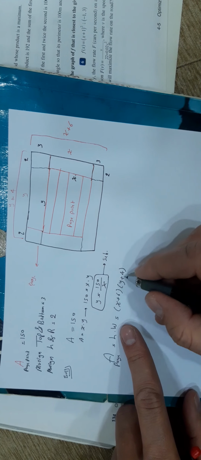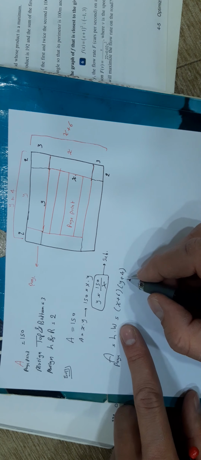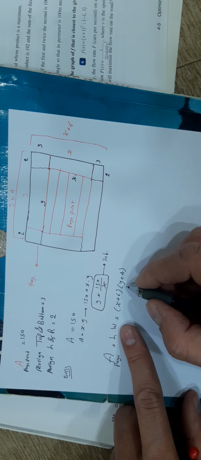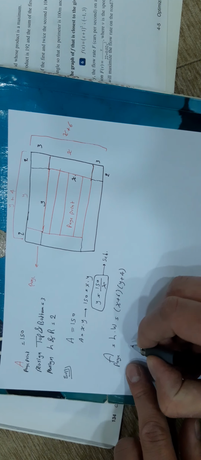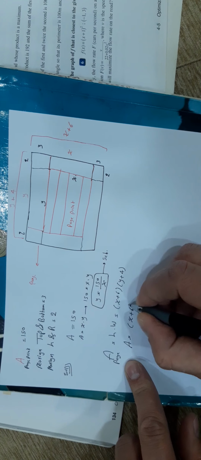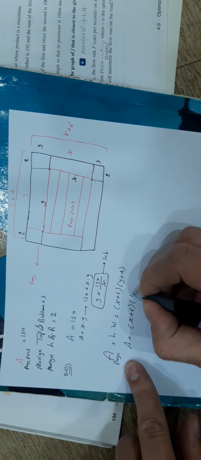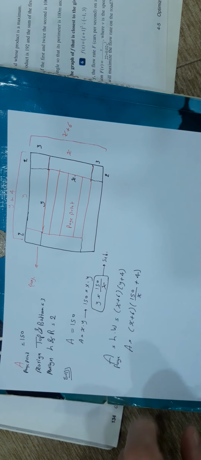Now you have two variables, so I can't take the derivative, so you change to one variable by the sub equation. So area is equal to x plus 6 multiplied by y, which is 150 divided by x, plus 4.